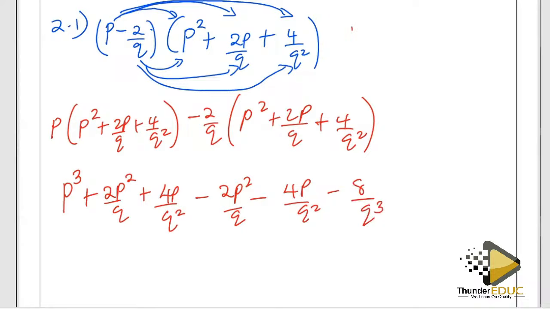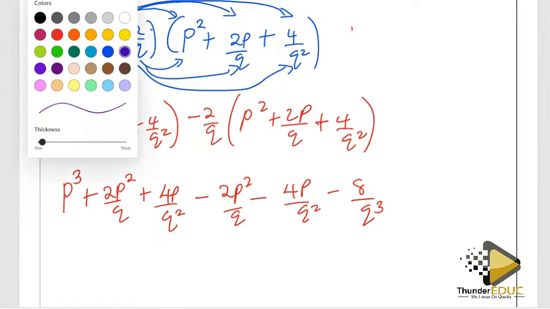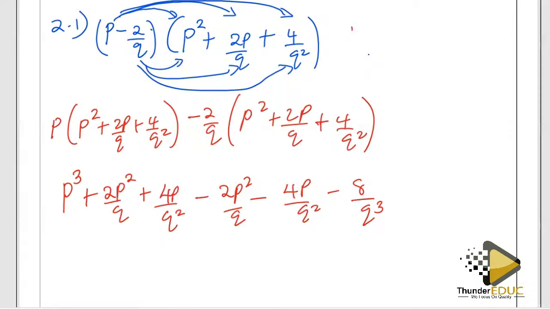Then the next step is just for us to identify any like terms. I'm seeing the 2p squared positive and the 2p squared negative. Same applies with this: this is a positive, this is a negative, they cancel out. So I'm just left with p cubed minus 8 over q cubed. So this becomes our answer.